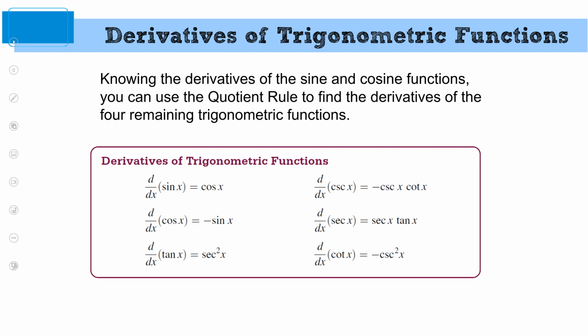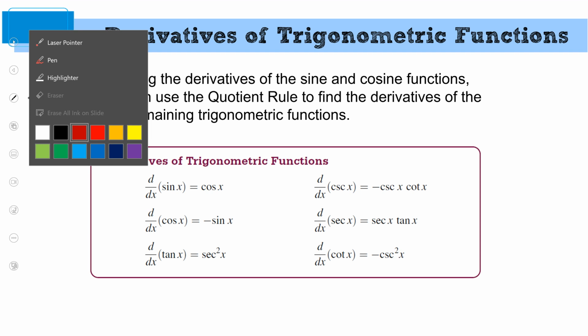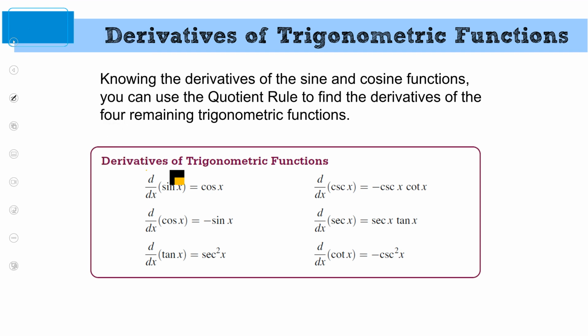Now, what I would do if I were you is look for some patterns here. And in case you don't see those patterns, let me illustrate them for you. If we focus on just these three, how would you get the other three? Notice, the derivative of sine is cosine. So what's the derivative of cosine?